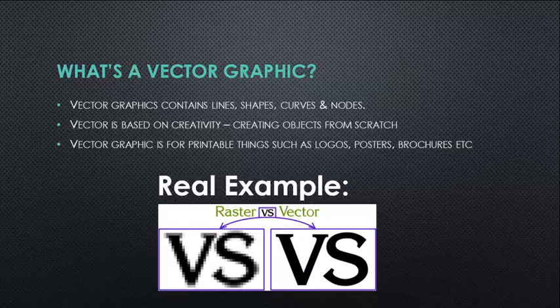This kind of graphic is created with lines, with nodes, with curves and with different kinds of shapes, which are not actually pictures or photos, or which are not actually dependent on pixels, on dots, and on colors, or you can say on resolution basically. And the raster graphic is actually based on pictures, photos and resolutions and different kinds of pixels.